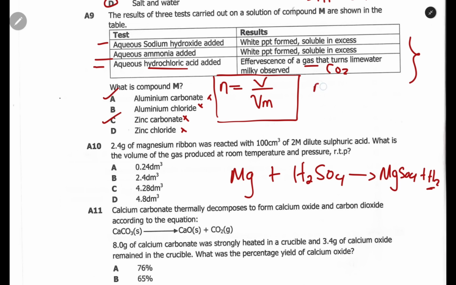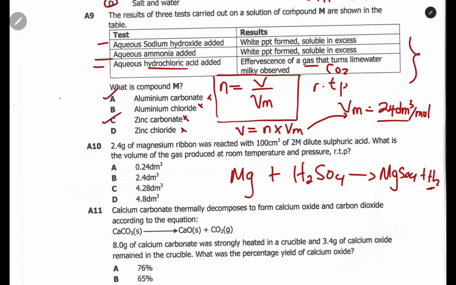And we are given the condition RTP. Now, at room temperature and pressure, Vm is 24 decimeter cubed per mole. This is the molar gas volume. Now, for us to find the volume, we say volume is equal to number of moles multiplied by Vm. We already have the Vm, but we need the number of moles of hydrogen. How are you going to find the number of moles of hydrogen?